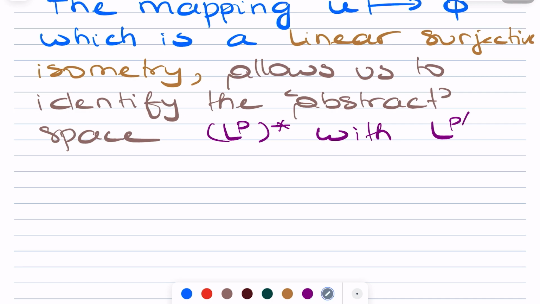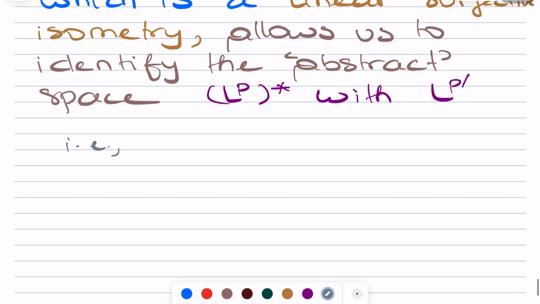So this means that the dual of this is identified, or isometrically isomorphic, to LP prime. So in what follows, we will systematically make this identification. Okay, so now let's go into the proof, right?